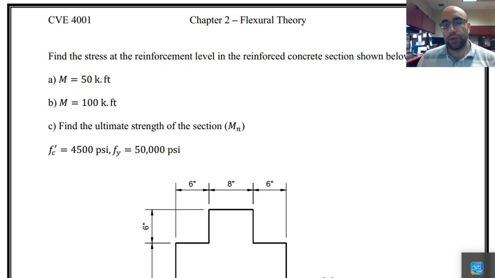Today we are going to look at one example and solve it during the recitation hour.